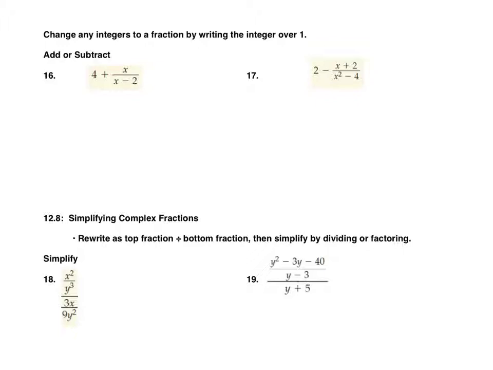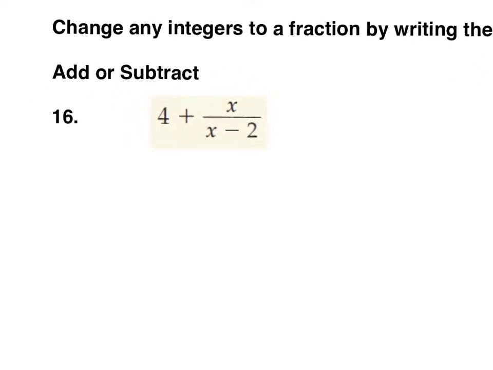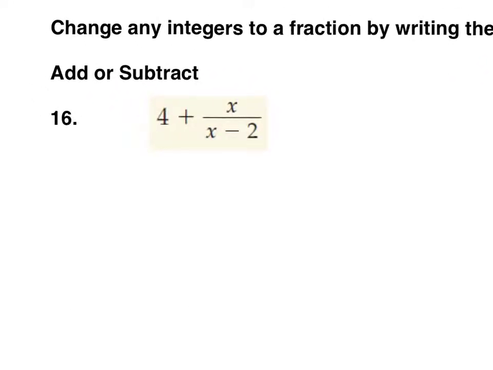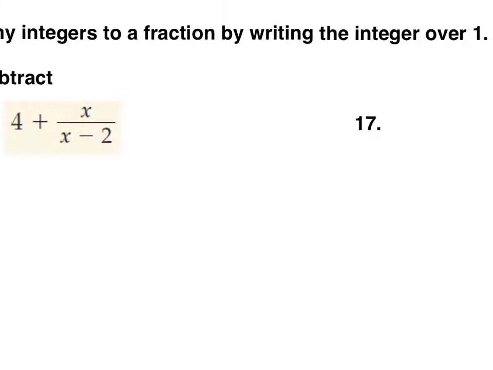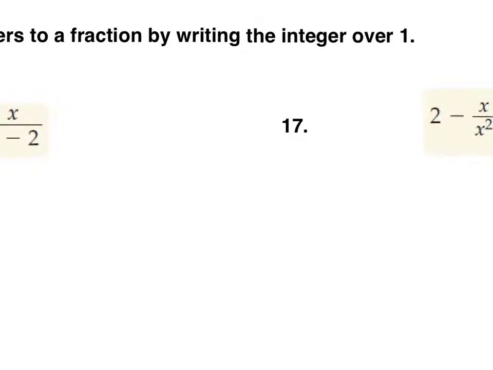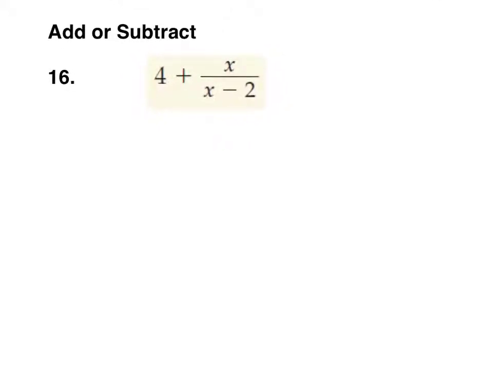So the first thing to realize about these problems is that if one of them is not a fraction, you must change any integers to a fraction by writing the integer over 1. We've done this many, many times before, where we make an integer number into a fraction by writing it over 1. Now, we just compare the denominators. We have 1 and we have x minus 2.